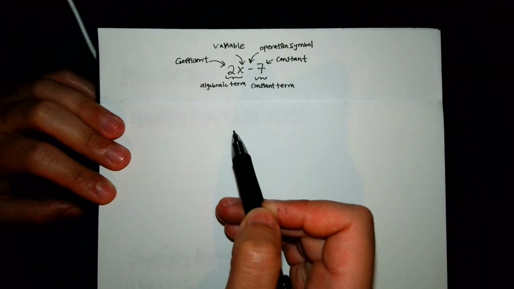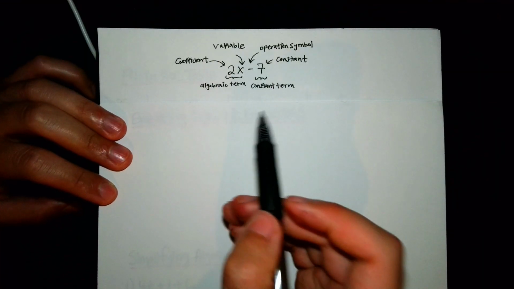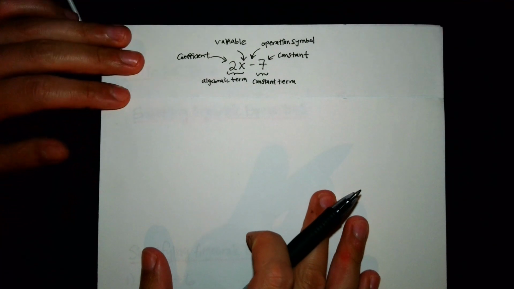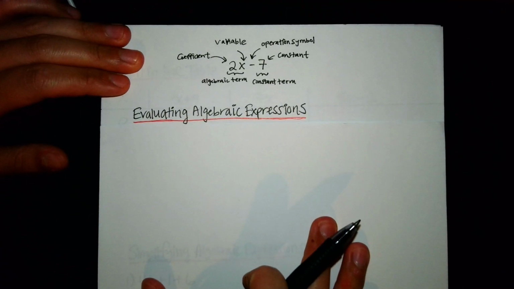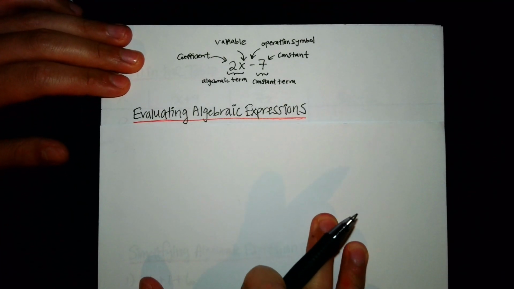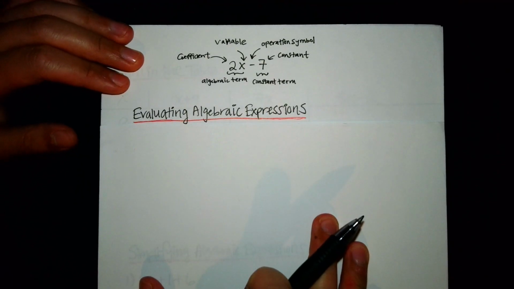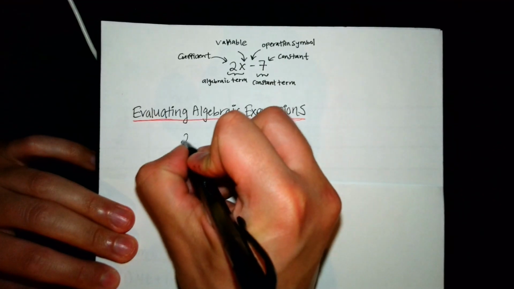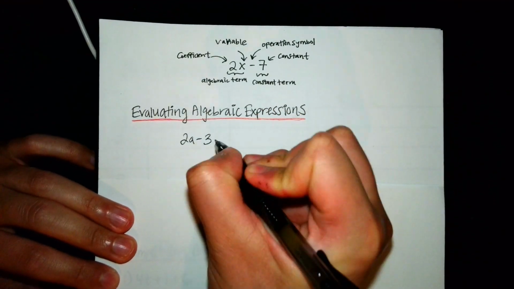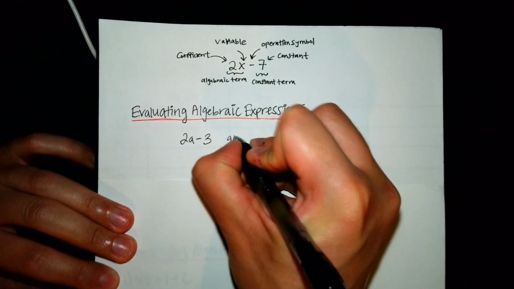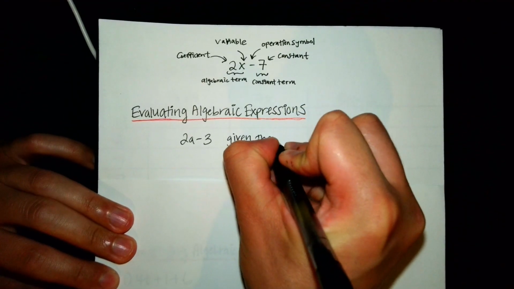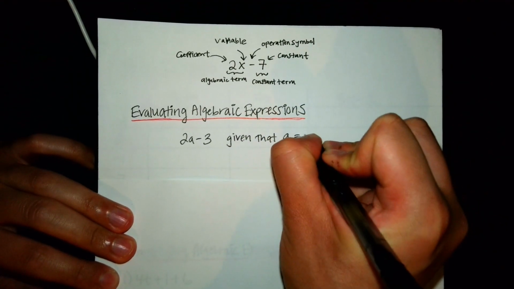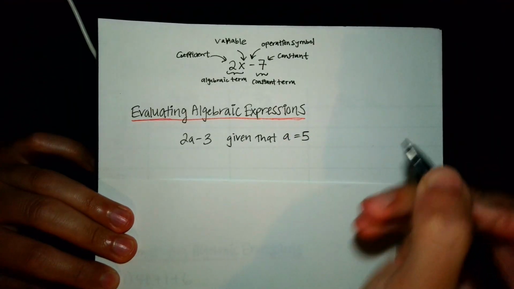Now, let's get into today's topic. First, we will cover how to evaluate algebraic expressions. This should be fairly straightforward. Let's say we have 2a minus 3, given that a is equal to, let's say, 5.